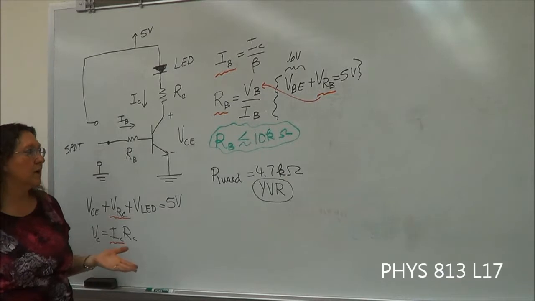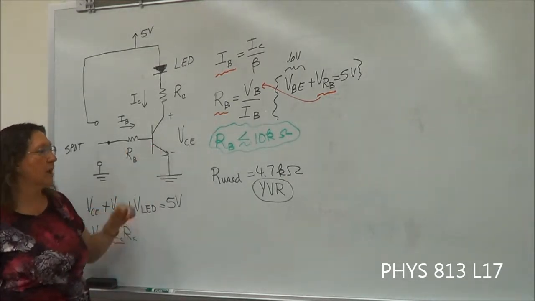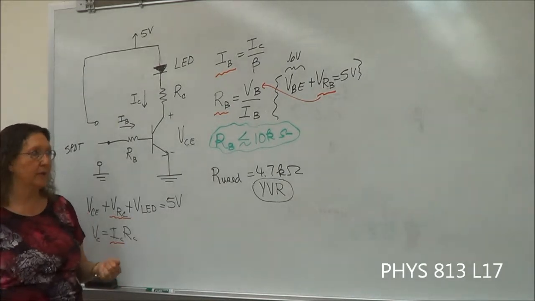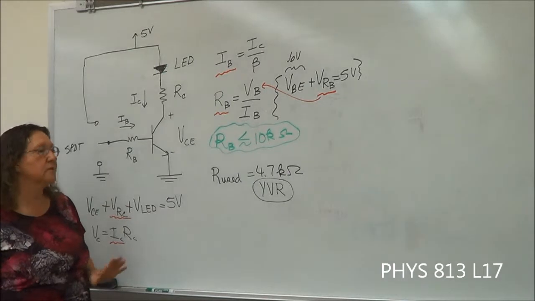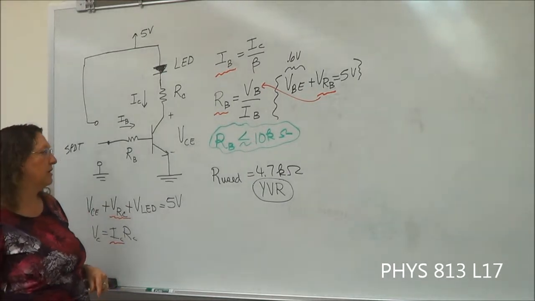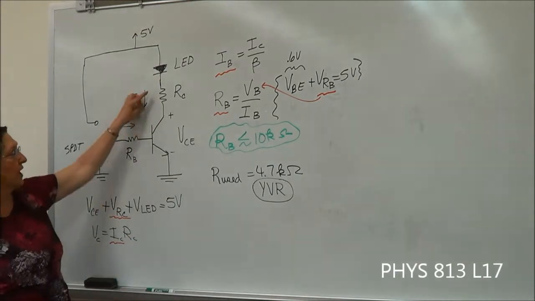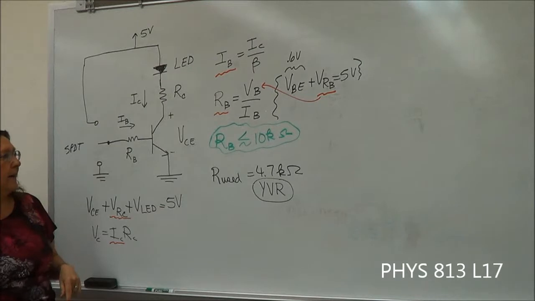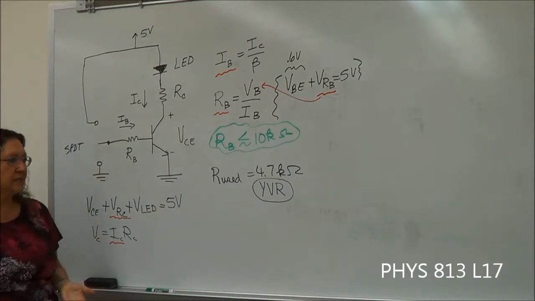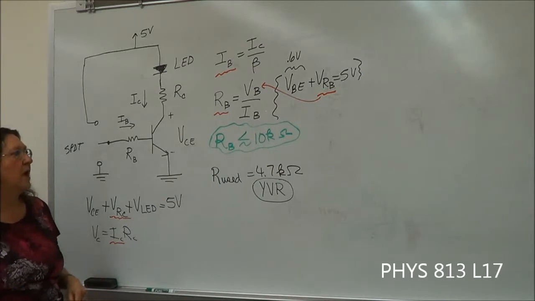In the next lesson, we're going to have the transistor operating not in saturation, because we're going to be controlling various things, and it's going to be doing something quite a bit different. Now, the beta, which is the ratio of the collector current to the base current, for various transistors can be several hundred, as I mentioned before.